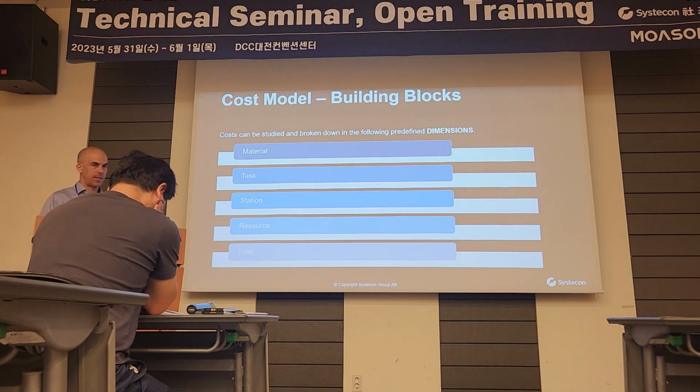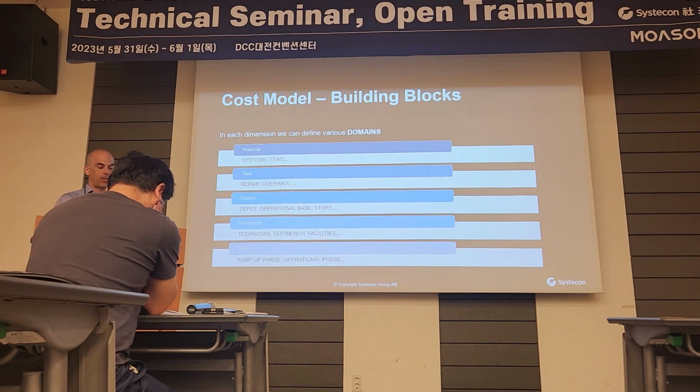Station, which is self-explanatory, locational. Resources, and time. And this will be more clear when we look at the simple example of how we make use of these dimensions.